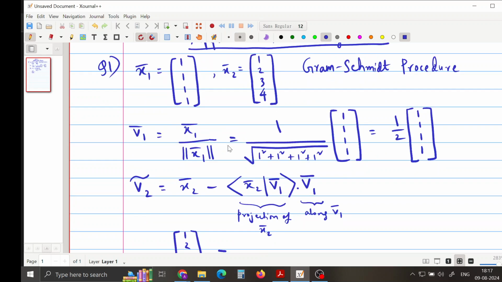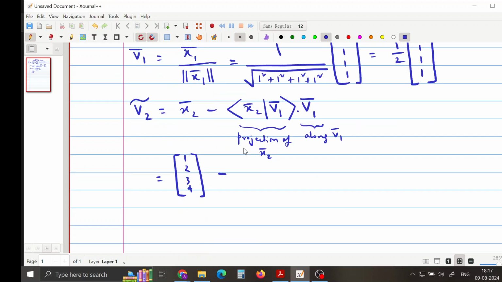So if you take the pointwise product and add them up, what you get is 1 times half plus 2 times half plus 3 times half plus 4 times half, and v1, which you already obtained in the first step, is half times this.